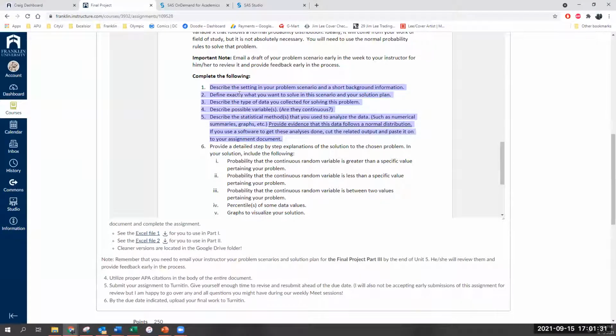Describe what you think the solution is, because all of your dissertations should basically be of the form: here's something that doesn't work well. Here's how I think I can fix it. Here's how I'm going to gather data to see if my fix is effective or not. Here's how I'm going to analyze that data. Here's the results of my data. And this tells me whether or not I fixed the problem.